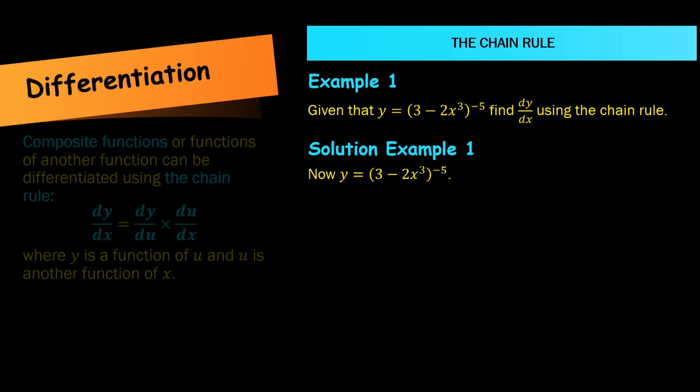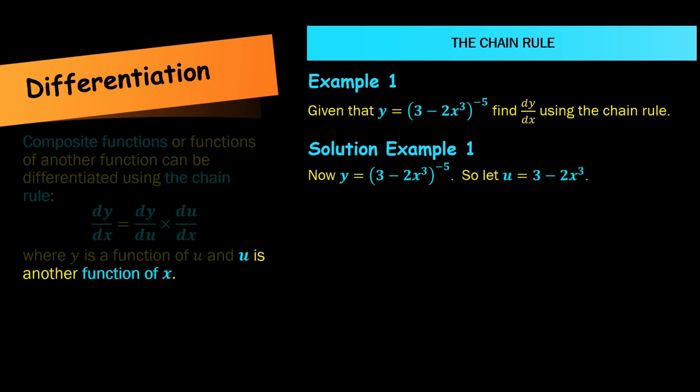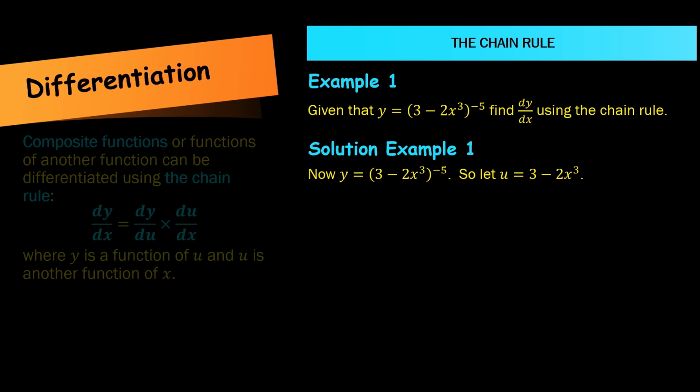So we have this expression for y. And we let u equal the bit in the brackets, as shown here. So u equals 3 minus 2x cubed. We can differentiate this with respect to x to give du/dx equals minus 6x squared.